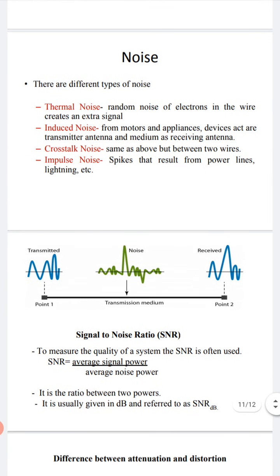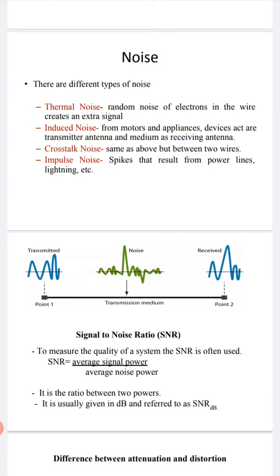Then noise. There are different types of noise: thermal noise, induced noise, crosstalk noise, impulse noise. Thermal noise is a random noise of electrons in the wire that creates an extra signal. Induced noise comes from motors or appliances.